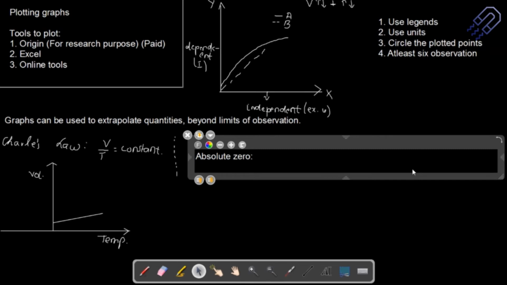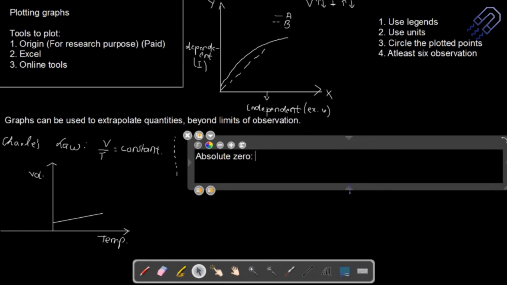Can anyone tell me what absolute zero means? You might have heard about this term. We basically say it's 0 Kelvin. Sometimes it's a very important question. Yeah, Pragya, tell me. Minus 273 Kelvin maybe.